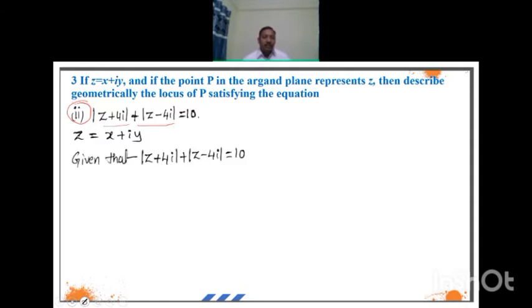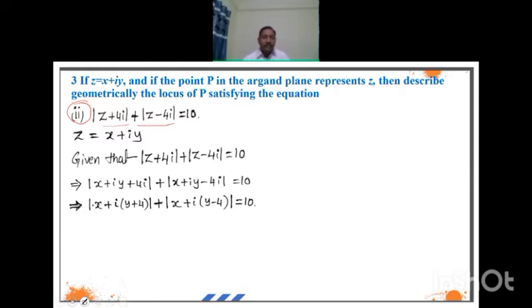Then z plus 4i will be x plus i into (y plus 4), and z minus 4i is x plus i into (y minus 4). Modulus of z is root over x square plus y square. Therefore, we can write it as root over x square plus (y plus 4) whole square plus root over x square plus (y minus 4) whole square is equal to 10.